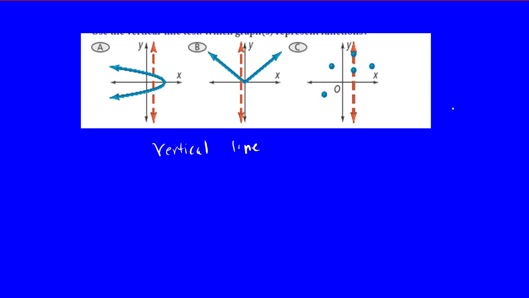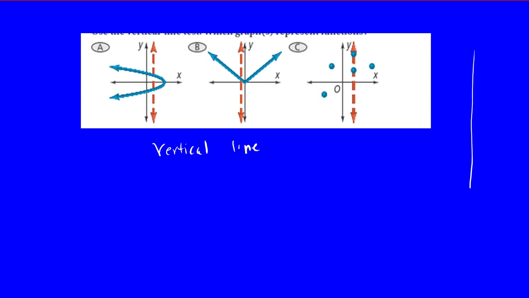Now, a vertical line goes up and down. The other one is a horizontal line. The vertical line test says that if a vertical line passes through more than one point on the graph of a relation, then that relation is not a function.